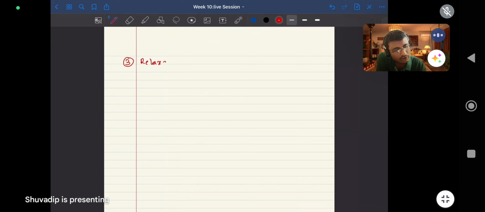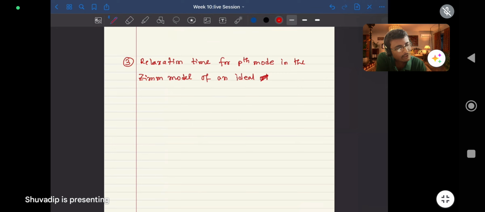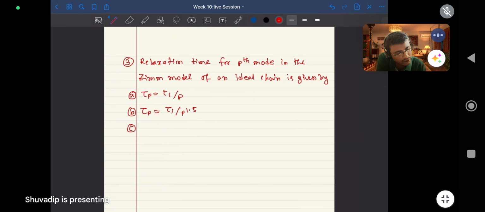Relaxation time for pth mode in the Zimm model of an ideal chain is given by: option A, tau p is tau 1 by p; option B, tau p is tau 1 by p to the power 1.5; option C, tau p is tau 1 by p to the power 3.4; or D, tau p is tau 1 by p cube.